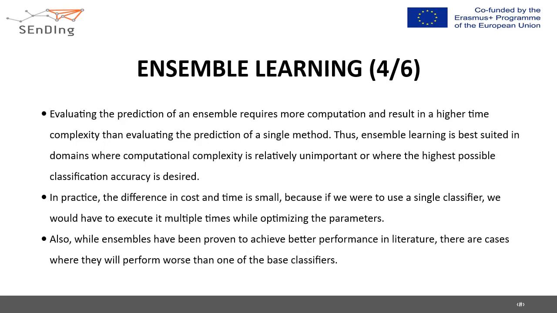In practice, the difference in cost and time is small, because if we were to use a single classifier, we would have to execute it multiple times while optimizing the parameters. Also, while ensembles have been proven to achieve better performance in literature, there are cases where they will perform worse than one of the Bayes classifiers.